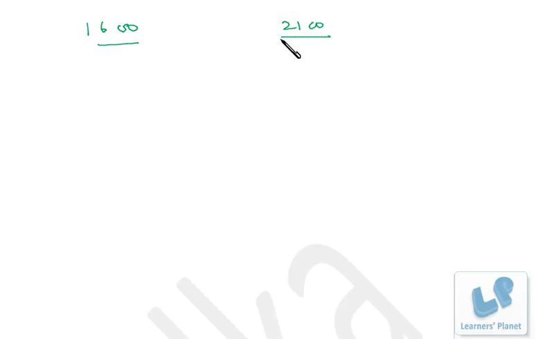Though there is no problem if you go beyond 2100 or go below 1600, right? So as of now I'm taking 1600 as the basis, and 1600 was the 4th century, right? So 4th century, that means 0 odd days. Okay, that's an important thing. 1600, that means 0 odd days.